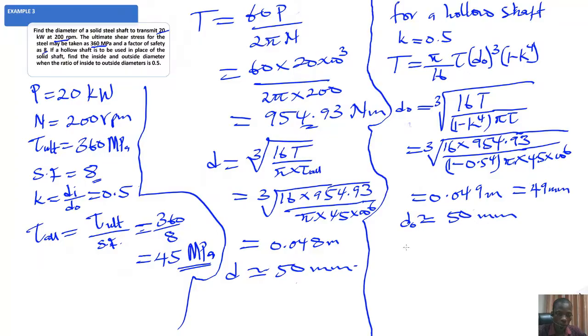Then from here, this is D naught. From here, we can determine Di, which is the inner diameter. So Di will be equal to, we know here that K is equal to Di over D naught.